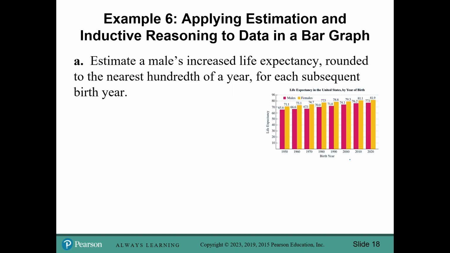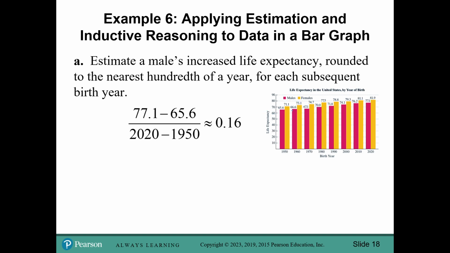Now, example 6 says: applying estimation and inductive reasoning to the data in a bar graph. We want to estimate a male's increased life expectancy, rounded to the nearest hundredth of a year, for each subsequent birth year. So, if we look at our graph, and if you need to, you could go back to our other graph, but we have a small version of it right here.